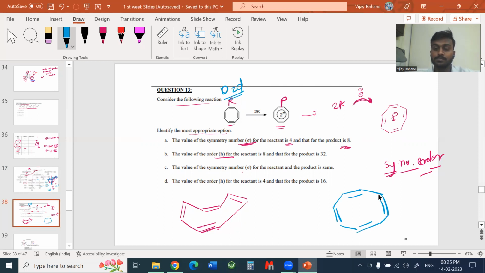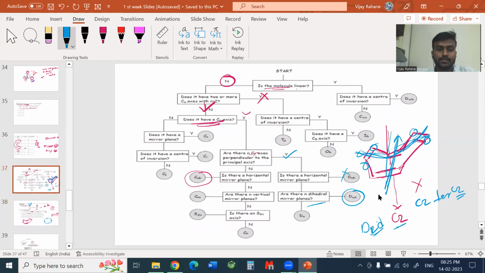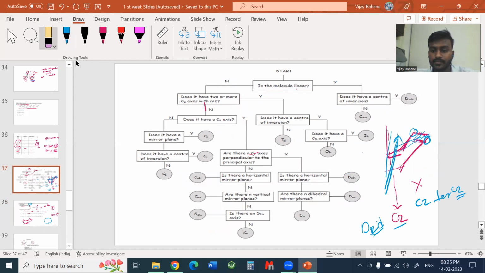Now we need to understand what the point group of this product is, right? So we'll go back here. When you follow the flow chart, then we can get to which point group the molecule belongs, right?